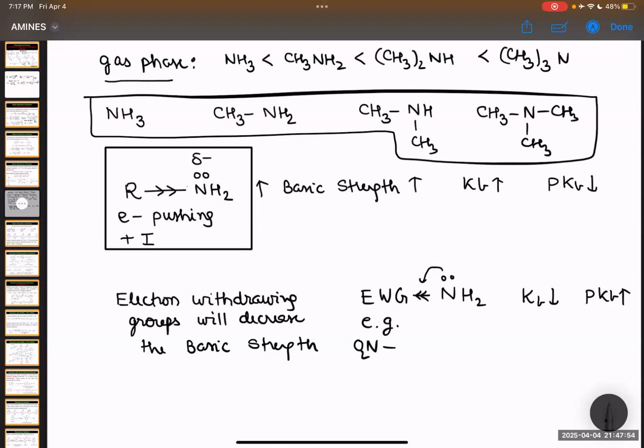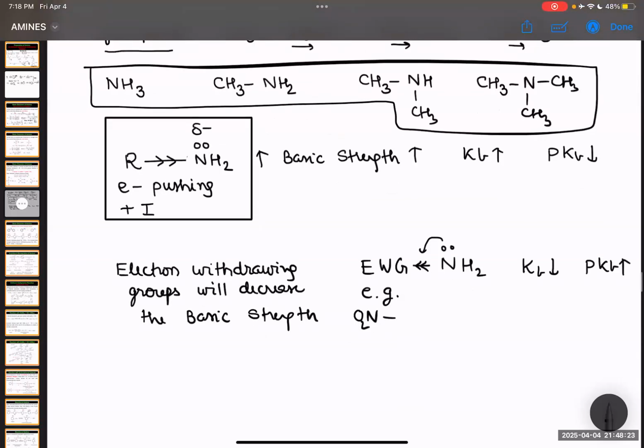Okay, because you have electron donating groups. Methyl will exhibit plus I effect. The more number of groups you have, the more basic it will be. Got it? So I hope that is clear. Okay, in gas phase, this is not a problem. More alkyl groups, more basic, more Kb and less pKb.